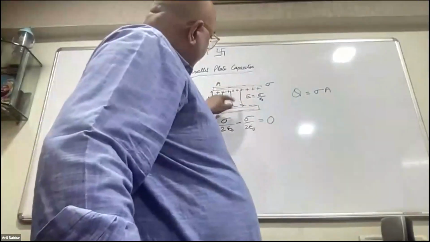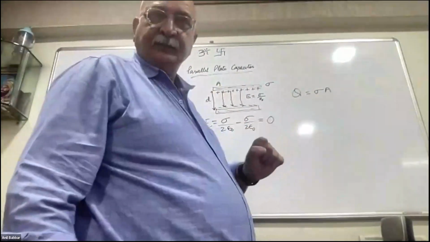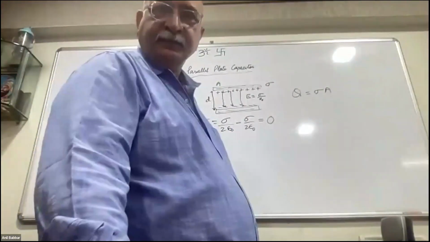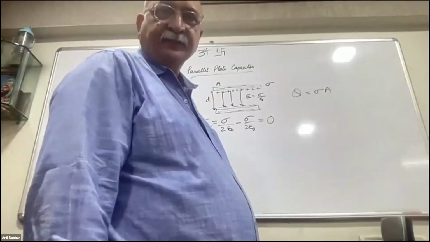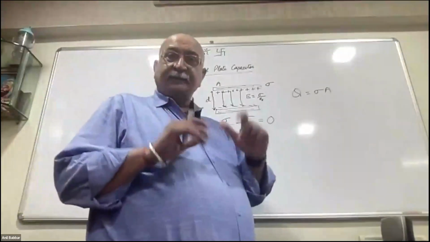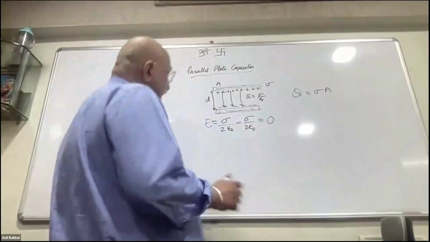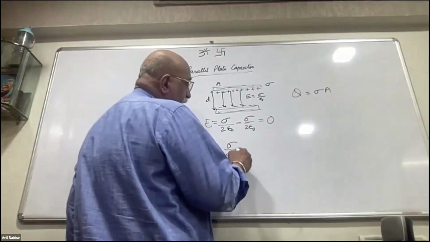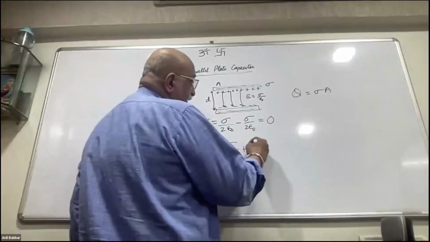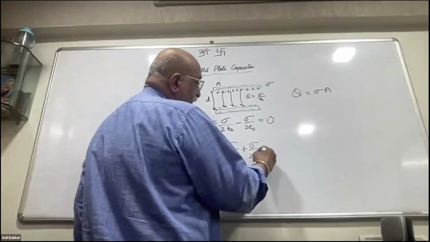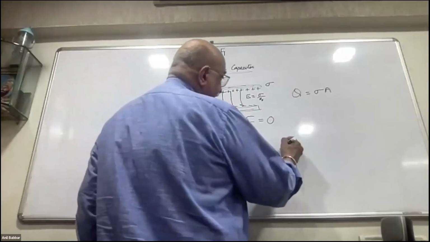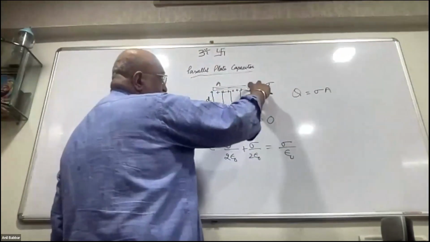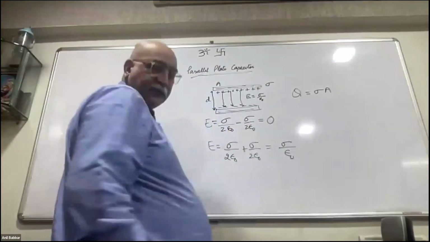Now in the inner region, between these two capacitor plates, the electric field due to the two charged plates will add up. So E will be equal to sigma by 2 epsilon naught due to one plate plus sigma by 2 epsilon naught due to the other plate, which gives us sigma by epsilon naught. So this is the electric field between the two plates, sigma by epsilon naught.